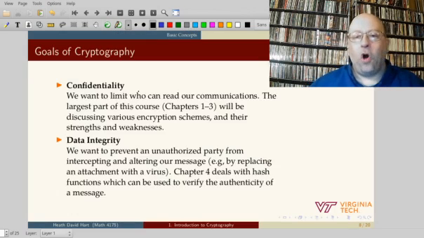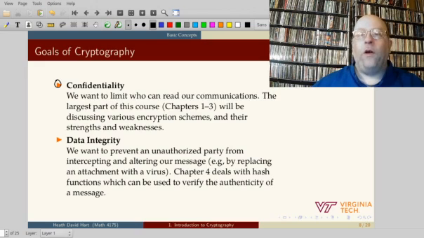So, some of the goals of cryptography include confidentiality. That is, we have some data or we have a message and we want to limit who can read this message or who can access this data. We don't want everybody to be able to see your grades. We don't want everybody to be able to look at your bank records or anything like that.